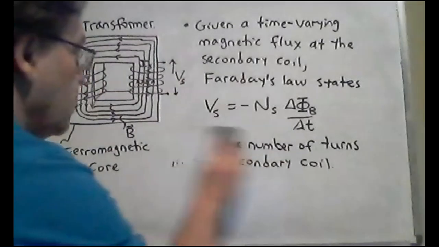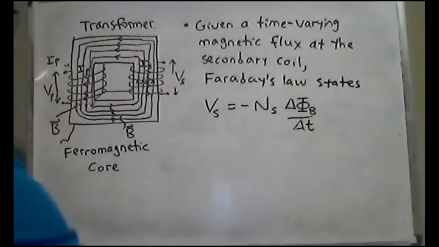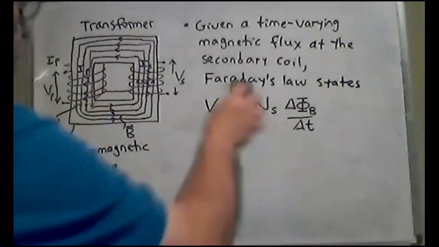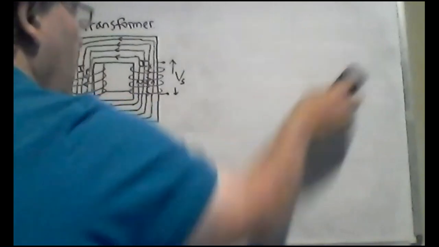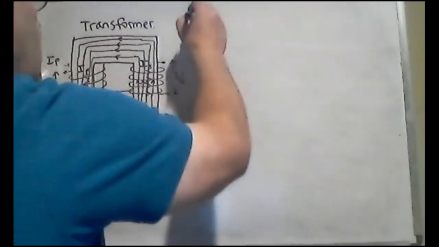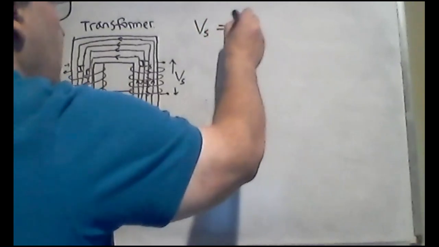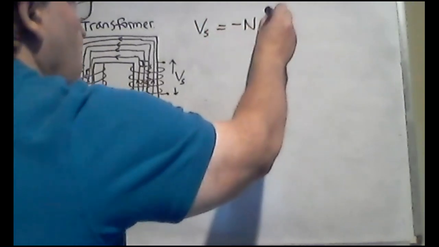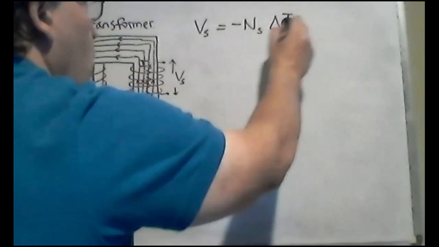So at the primary, let's write this equation up here. We know this from the secondary. This is Faraday's law at the secondary. Secondary voltage is going to be negative N sub S delta phi sub B with respect to t.